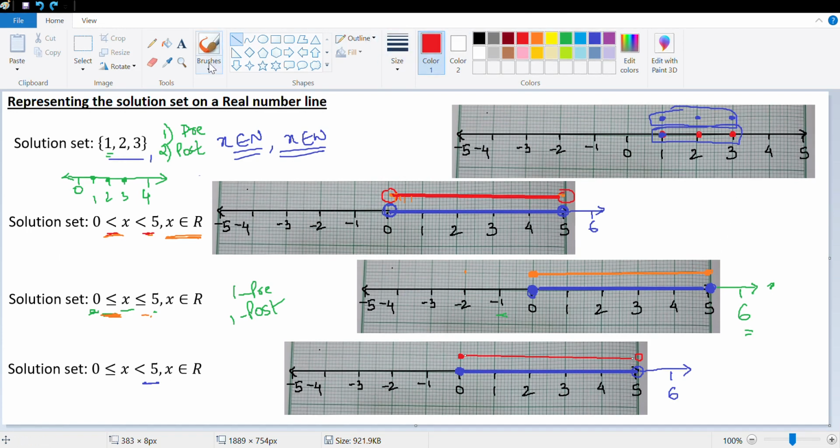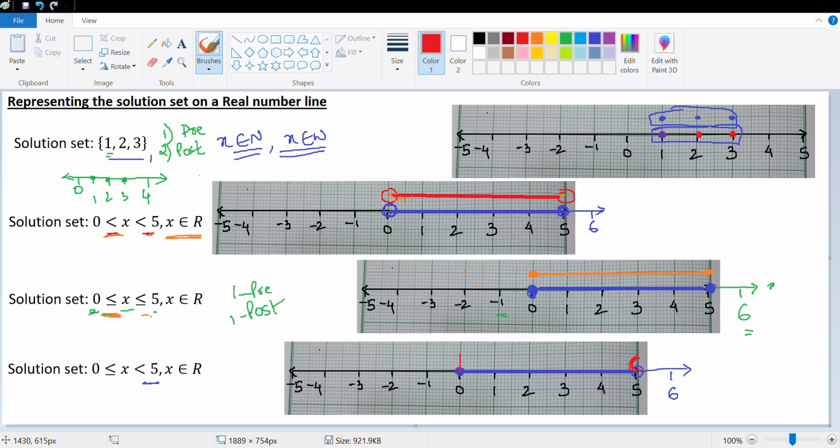There is one more method which certain books use. Let me just redo this on top. If a number is included, then you put a line there. So you put a line here, and the number which is not included, you put a kind of C there, which means a half circle.